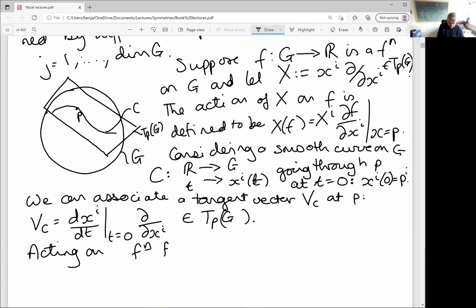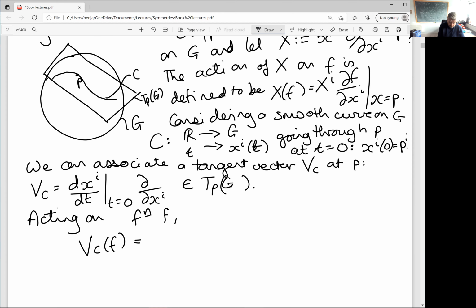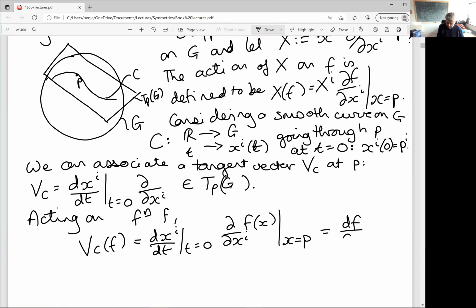So we see that V_C of f is just dx^i by dt at t equals 0, times d by dx^i of f of x evaluated at x equal to p. This is equal, just by the laws of differential calculus, to the total derivative of f with respect to t at t equal to 0.